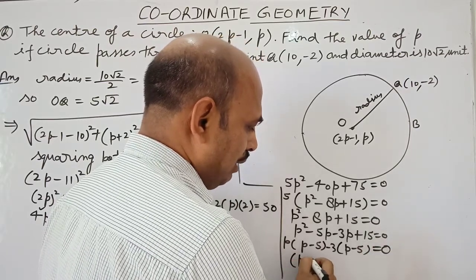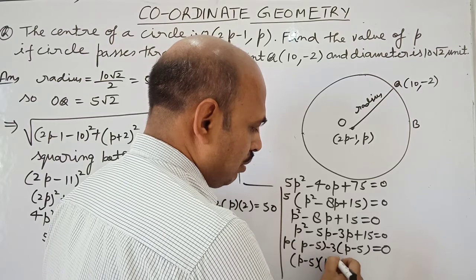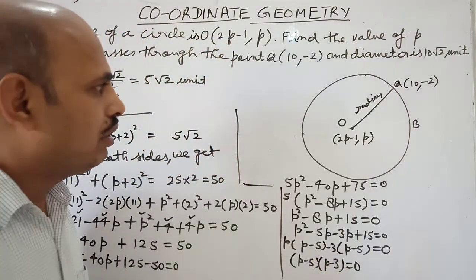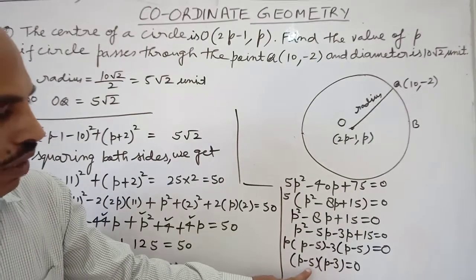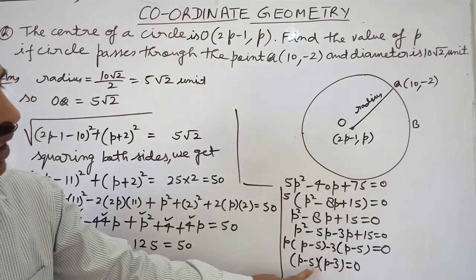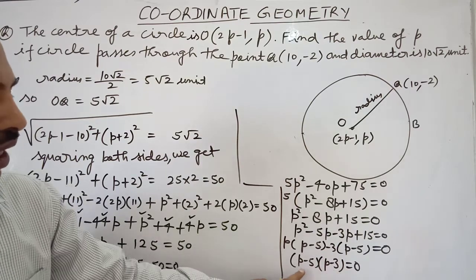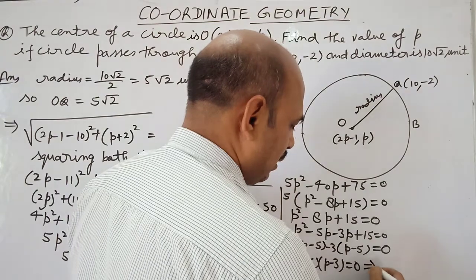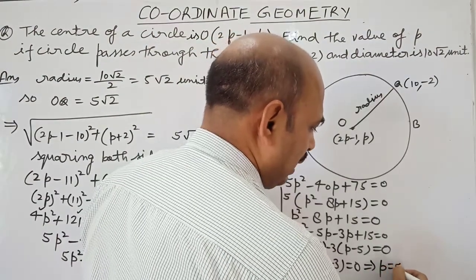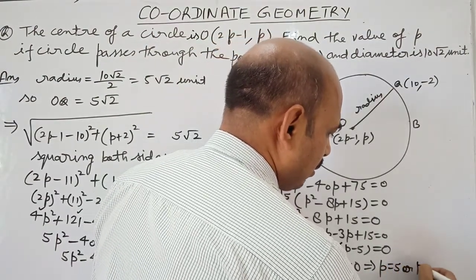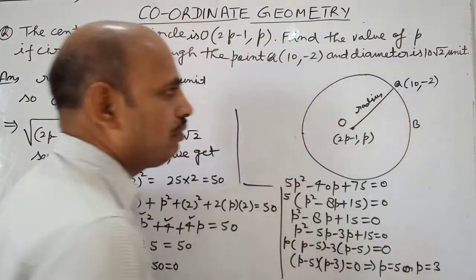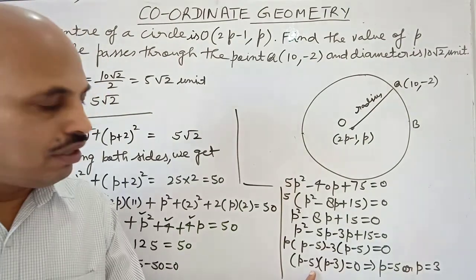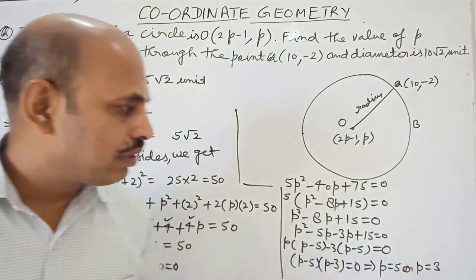So (p minus 5) into (p minus 3) equal to 0. So the value of p is 5 and 3. This implies p equal to 5 or p equal to 3.